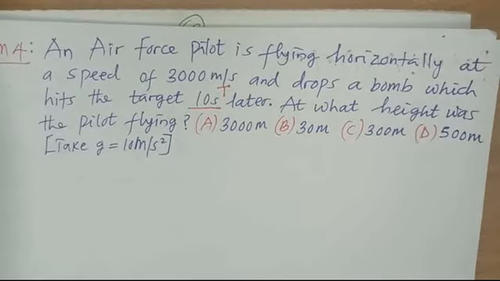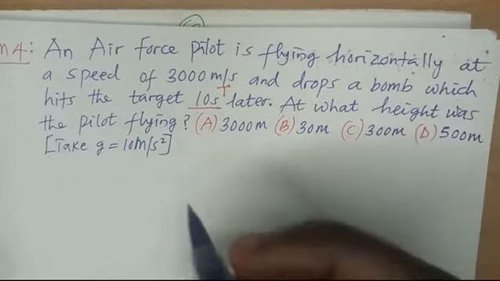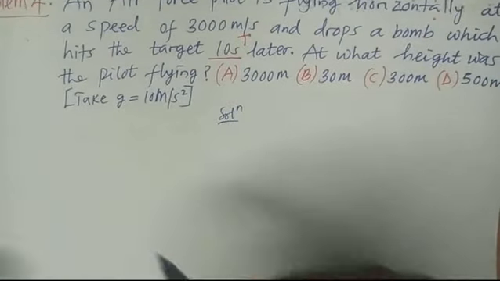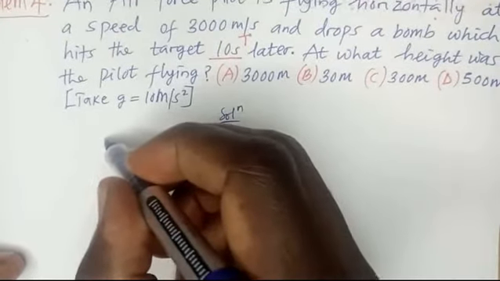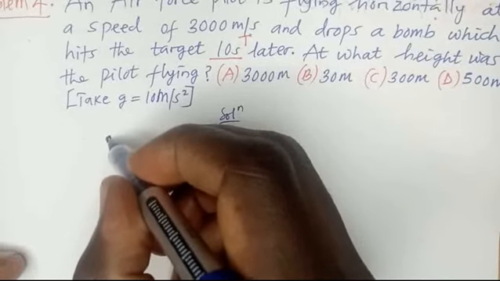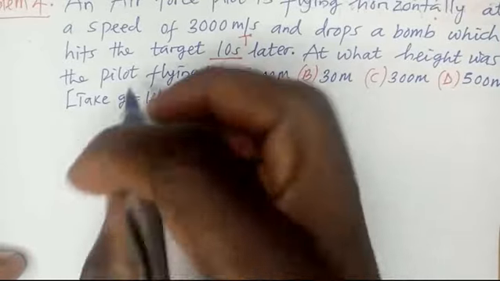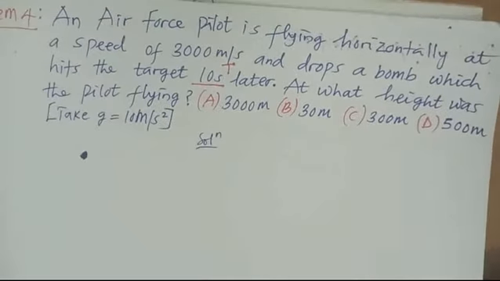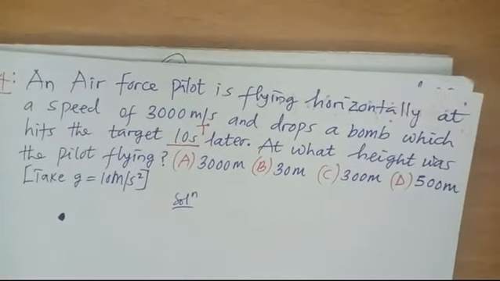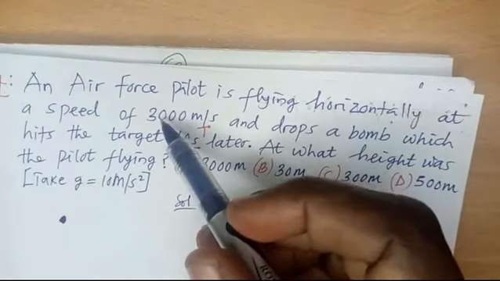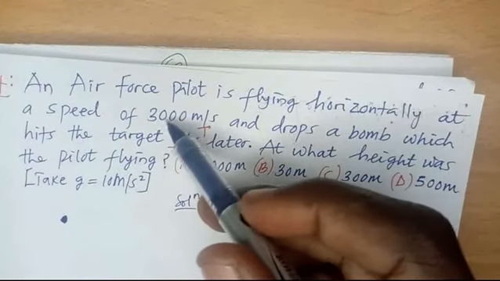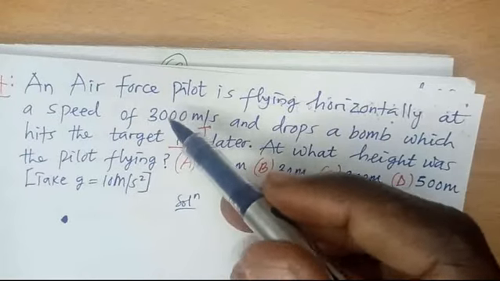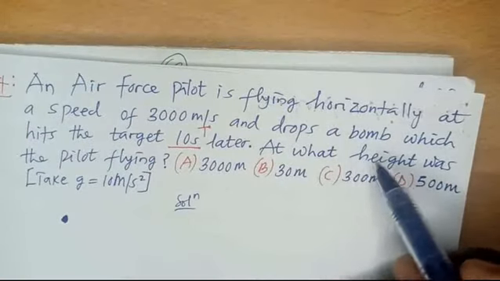So let us write the solution here. Let us assume that this is where the bomb is, and since the bomb, the pilot and the plane were all moving with this velocity, it should be the velocity of our bomb.